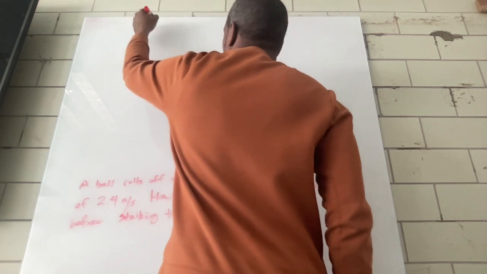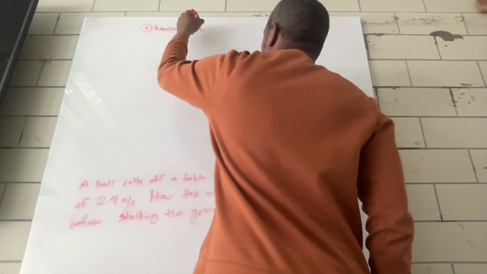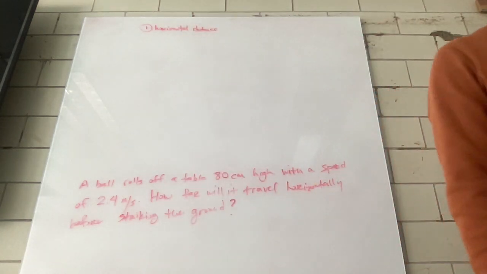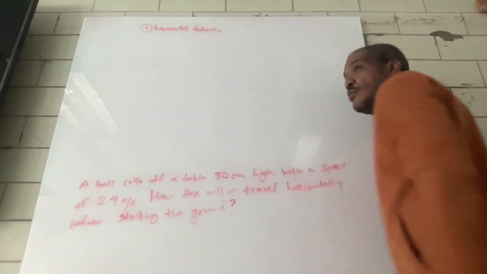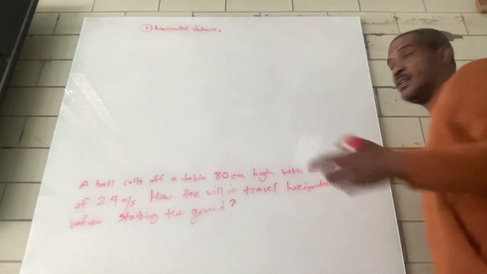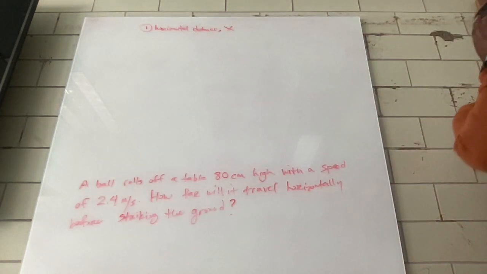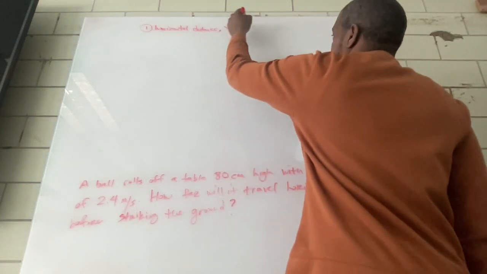I'm going to be adding more problems on Mastering after today, on projectile motion. Horizontal distance, and what do we normally denote horizontal distance as? X. So that's what we're looking for, X.